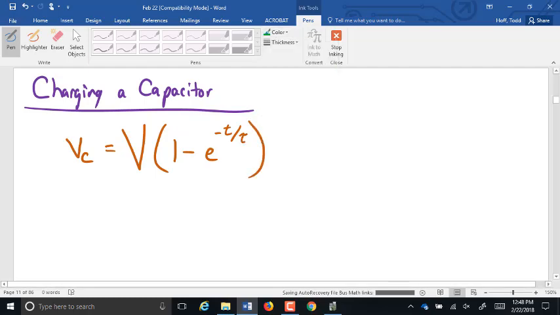Now this is a capacitor, so tau is what? RC, very good.